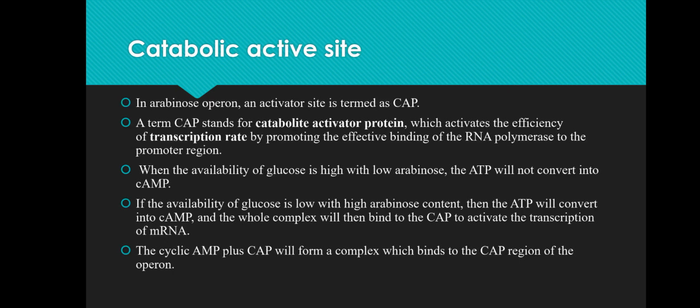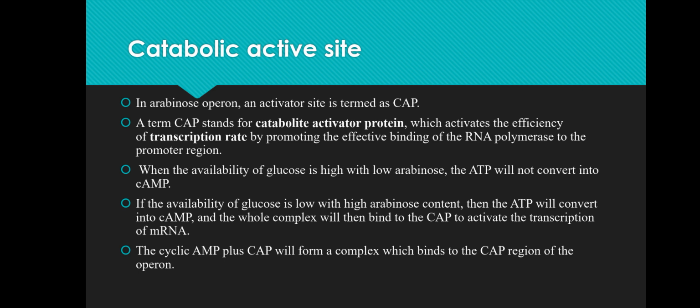The catabolic active site. Now let's come to the catabolic active site. This is an active site, so it is called CAP. CAP indicates catabolic activator protein. This catabolic activator protein increases the efficiency of transcription rate by promoting the effective binding of RNA polymerase to the promoter region.